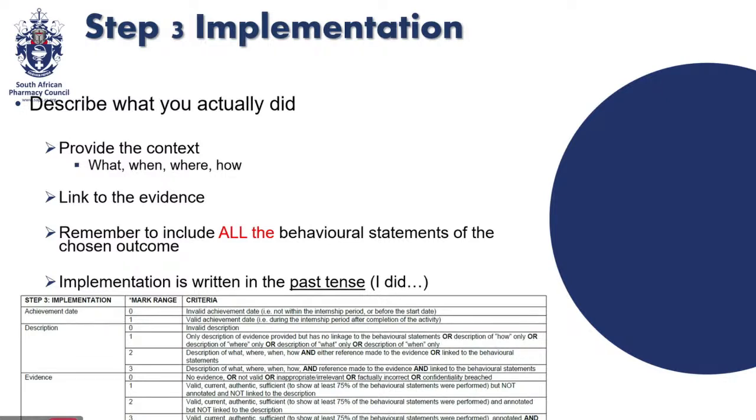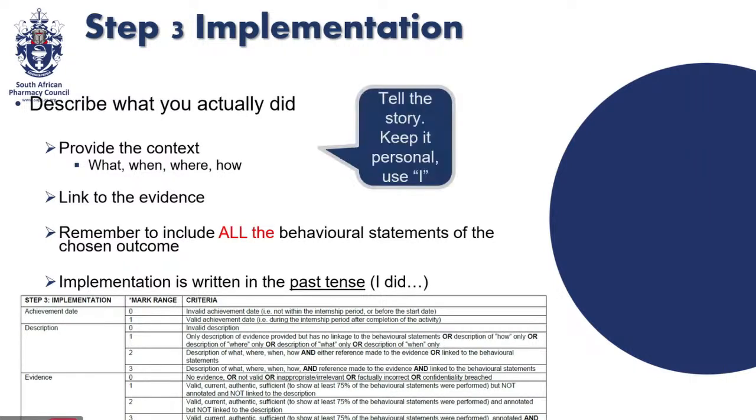If the evidence is not valid or not relevant or not factually correct, you can see it's a 0. And on the other end of the scale, if the evidence is valid, current, authentic, sufficient, we'll talk about sufficient a little more, annotated, and linked to the description provided in the implementation, you will receive the full 3 in the mark range.